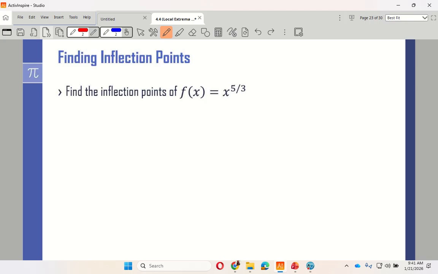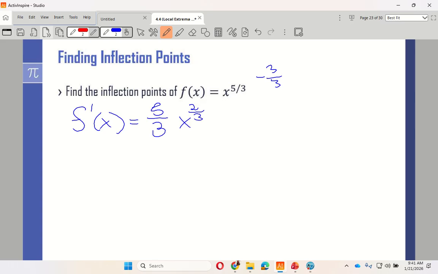So f of x equals x to the 5/3. To find the inflection point, find the second derivative. So let's go first derivative. What's the first derivative? 5/3 x to the power of 2/3. You're subtracting 1, so 5/3 minus 3/3 gives me 2/3. Very good.